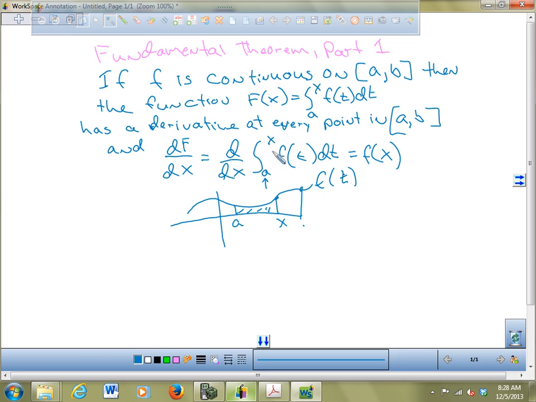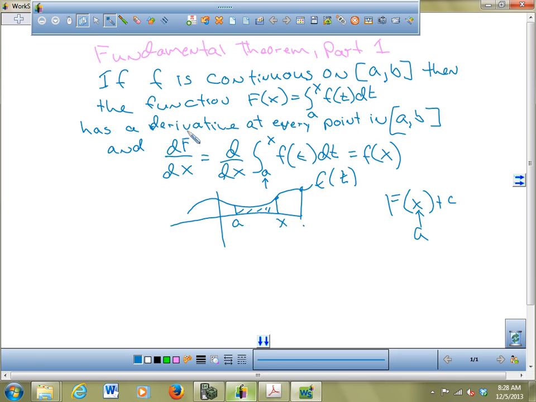So if I take the antiderivative of this, I would get big F of x, right? But if I plug in a constant in here where this is a constant, what's the derivative of a constant? 0. That's why I don't have to worry about the bottom number.